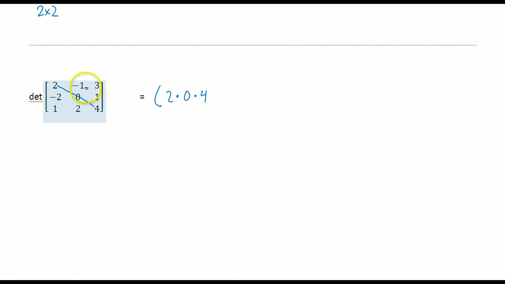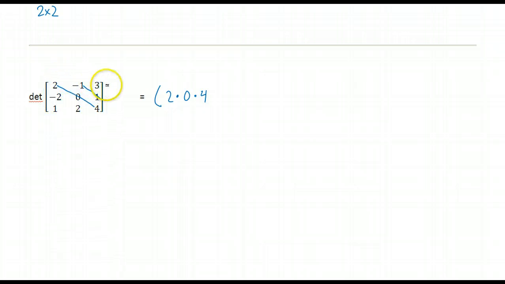But now I have a second diagonal, -1 times 1, and then I run out of room. If you remember the game Pac-Man, if you were going along in Pac-Man and you exited the screen on the right side, you would pop out of the screen on the left side. So once I exit the matrix, think of Pac-Man and pop out here. So I'm going to take -1 times 1 times 1.